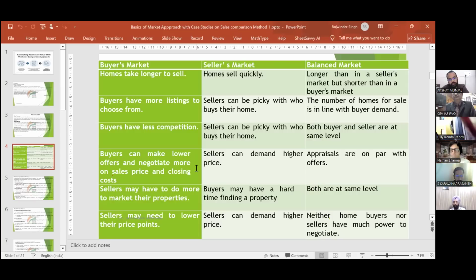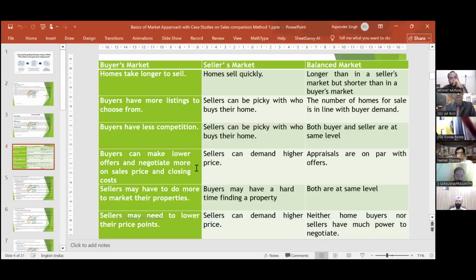What will happen during a buyer's market? Homes take longer to sell, and in a seller's market, homes sell quickly. And in a balanced market, what happens? Longer than a seller's market, but shorter than a buyer's market. Okay.